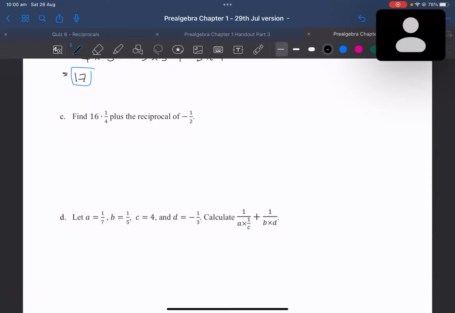Just the second part, 1 on B times D. Yeah, I think your answer is correct. The previous one is positive. You should times the whole number. So you did 120 plus 15.